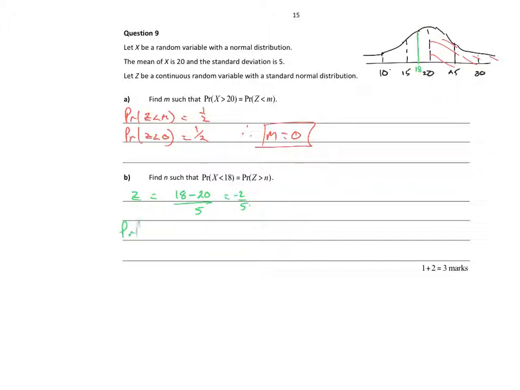So the probability that X is less than 18 is equal to the probability that Z is less than negative 2/5, which is the same as the probability that Z is greater than positive 2/5, which is what I'm looking for. It's my Z value there. So therefore, N is equal to positive 2/5. Job done. Let's go.